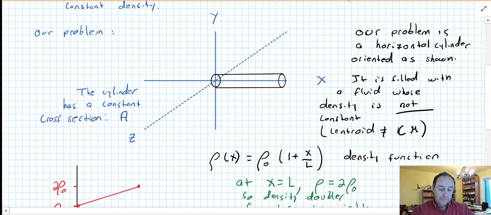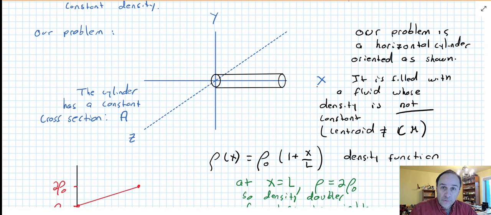Now, in our problem, what we have is a cylinder that has a constant cross-section that we're going to call A. We have it aligned along the long axis, along the x-axis of our coordinate system. And it's fluid-filled, but the density is not constant, which means the centroid is not in the same place as the center of mass.